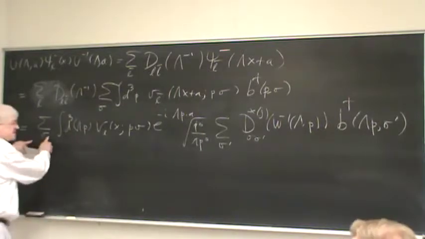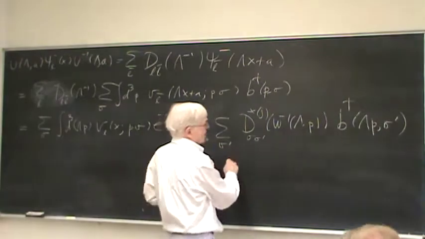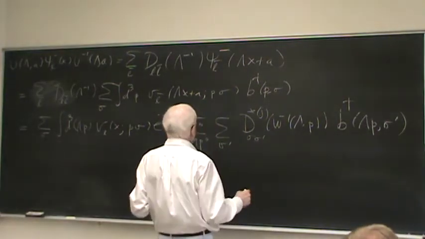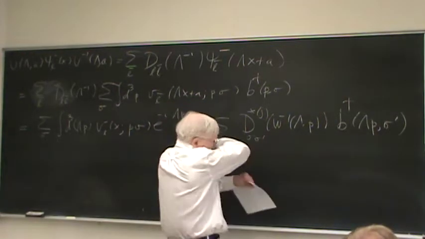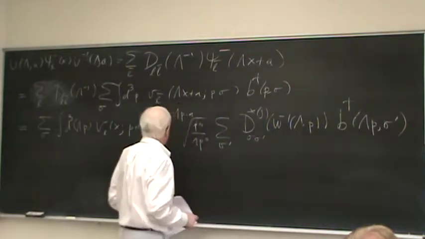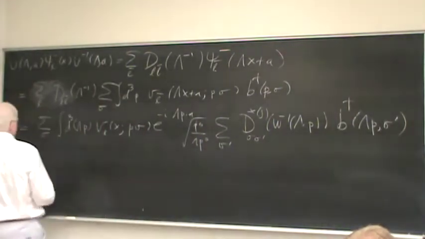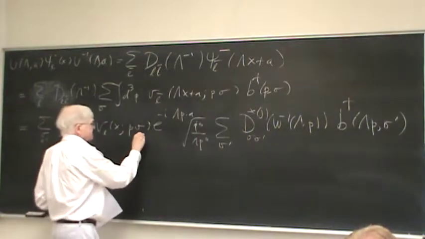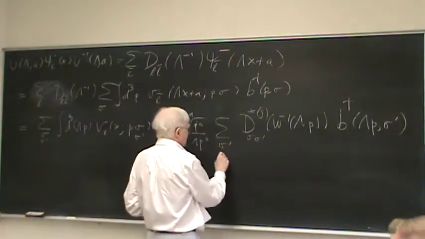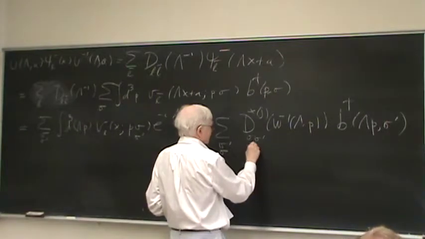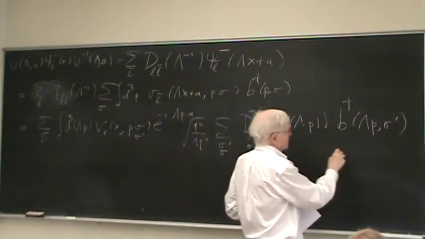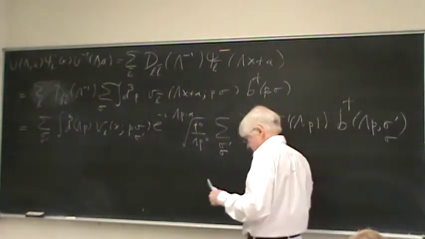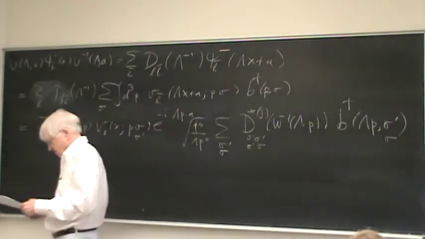Here we're summing over sigma and sigma prime, so what we can do, if we want, is interchange sigma and sigma prime. And if we do that, that's the way it looks.